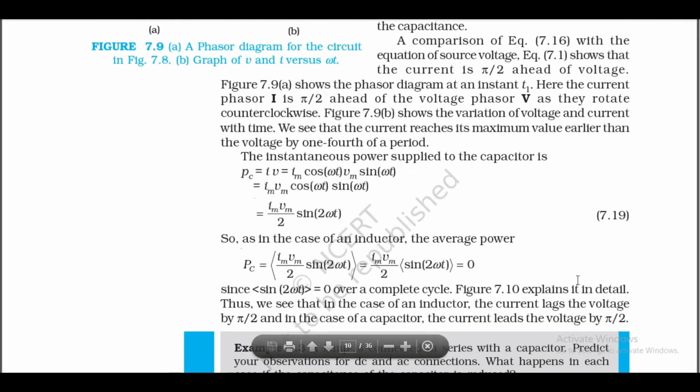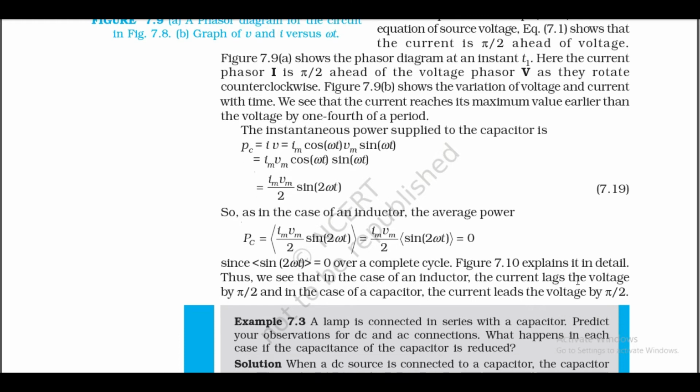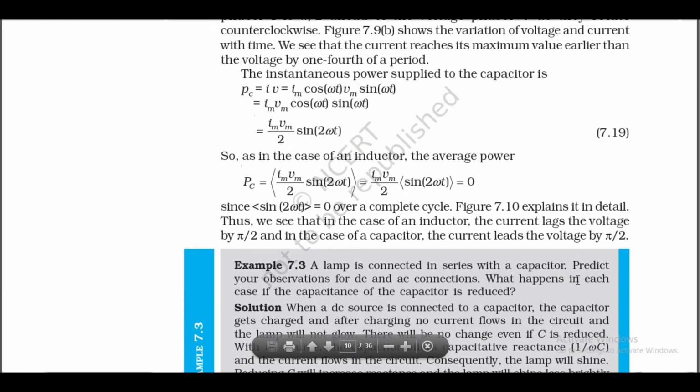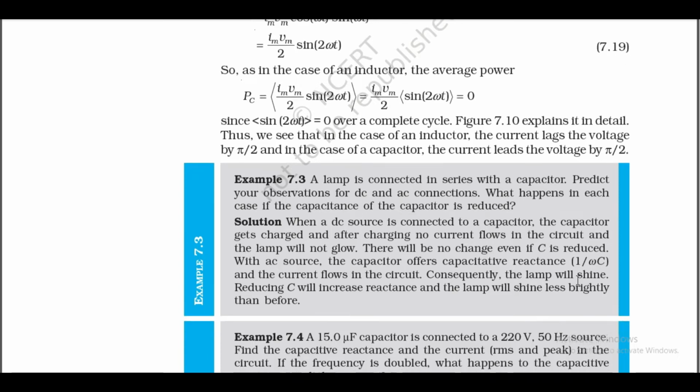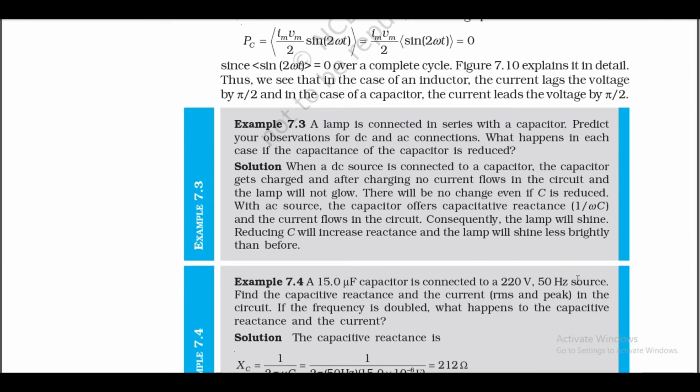So as in the case of an inductor, the average power pc = (im vm/2)<sin 2ωt> = 0, since <sin 2ωt> = 0 over a complete cycle. Figure 7.10 explains it in detail. Thus we see that in the case of an inductor, the current lags the voltage by π/2, and in the case of a capacitor, the current leads the voltage by π/2.